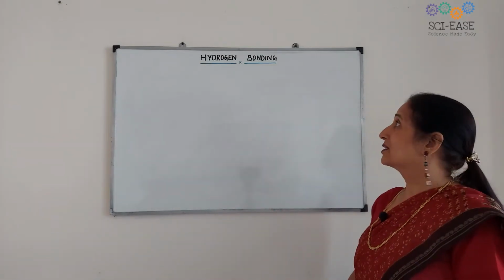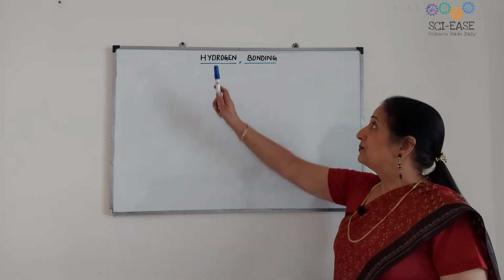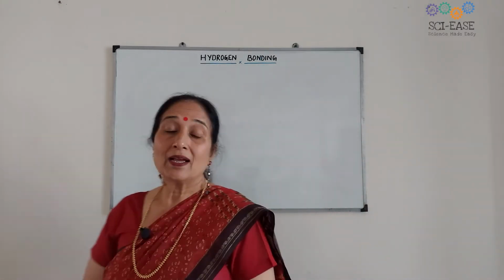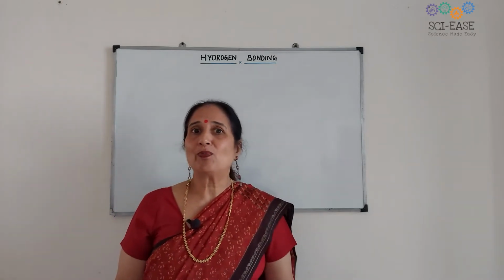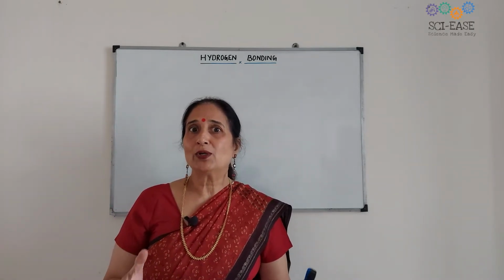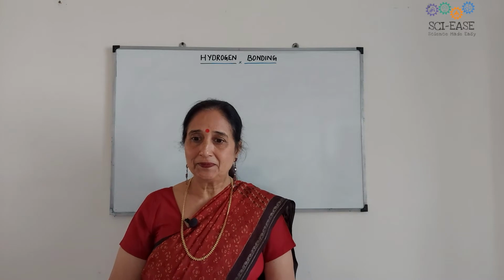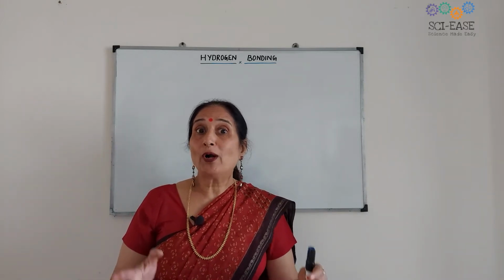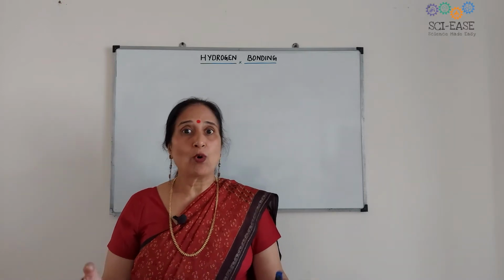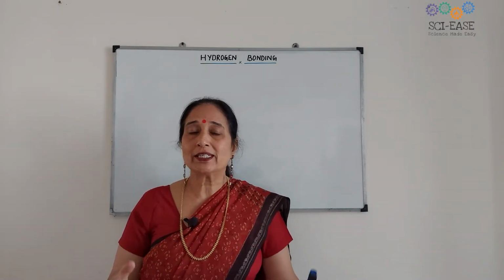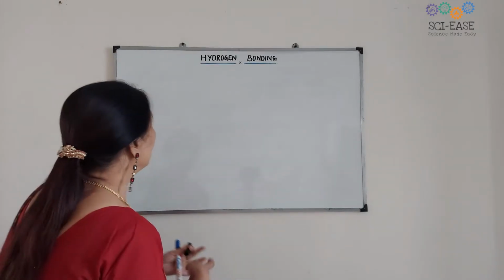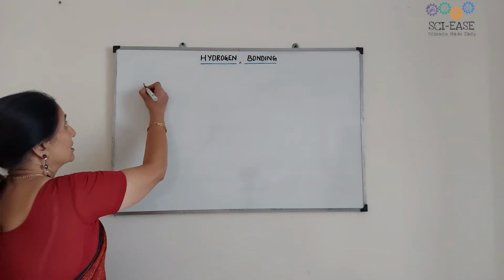So the topic is hydrogen bonding. What is hydrogen bonding? First, we should know the bond energy of this bond, that is, how strong this bond is. We know that there are van der Waals forces.